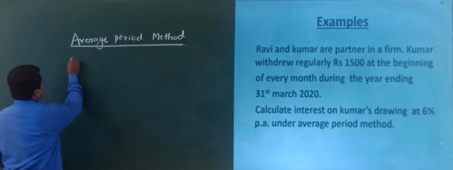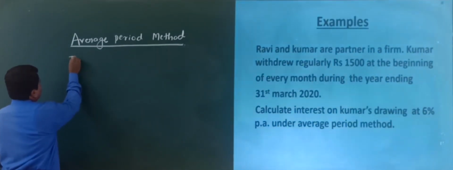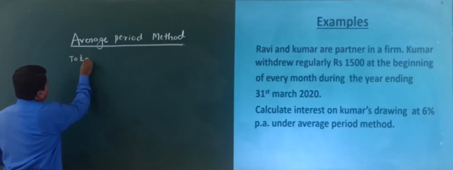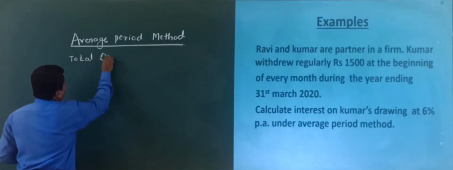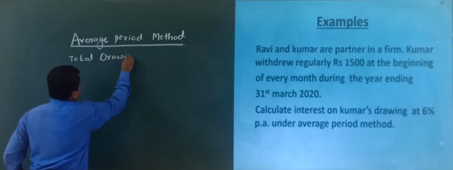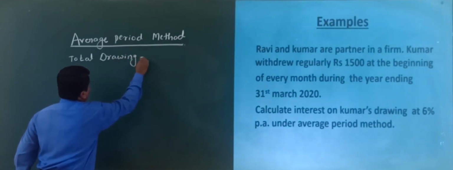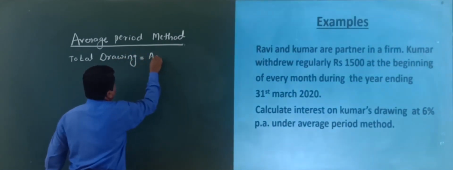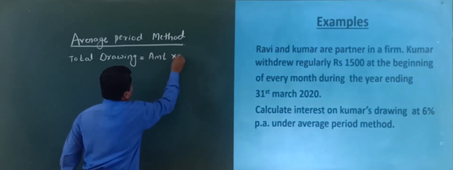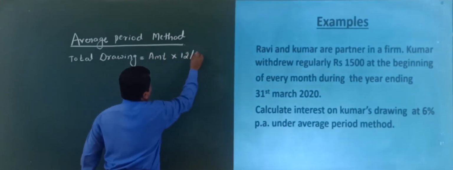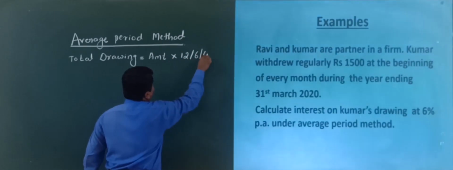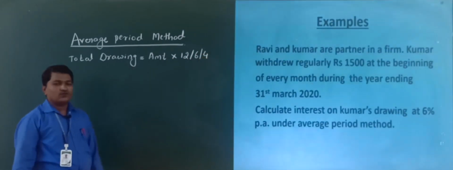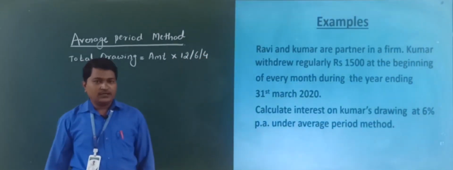Yes, total drawing is equal to amount of drawing into 12 or 6 or 4. This is the formula to calculate total drawing.